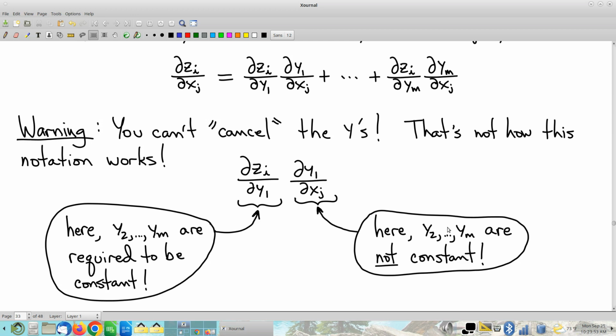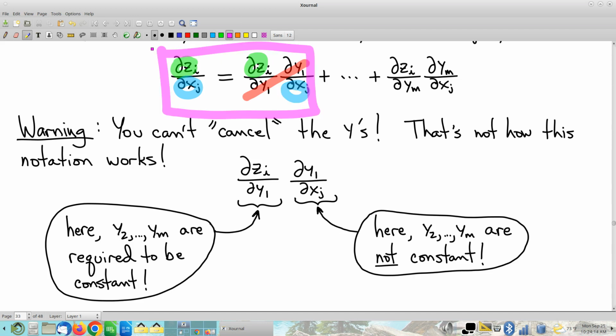Look what would happen if I could cancel these partial y1s. Then notice this is there and this is there, and it would seem that our formula would stop right there, and you wouldn't need any of these extra terms, right? Which we just got through seeing we definitely need. So this idea that you can cancel these partial y's gets the wrong answer, so we know it's wrong.